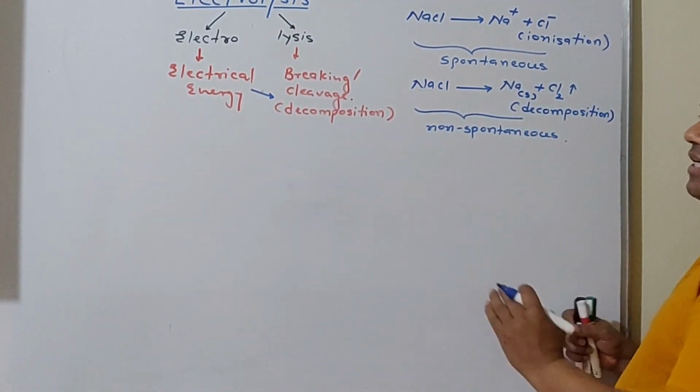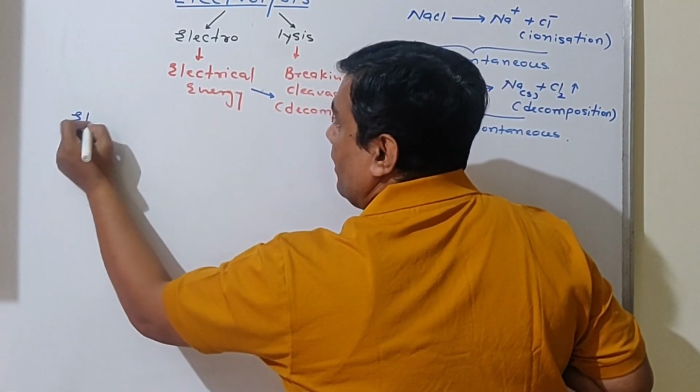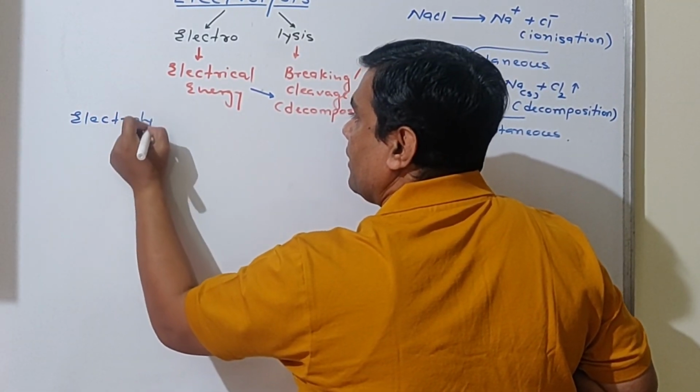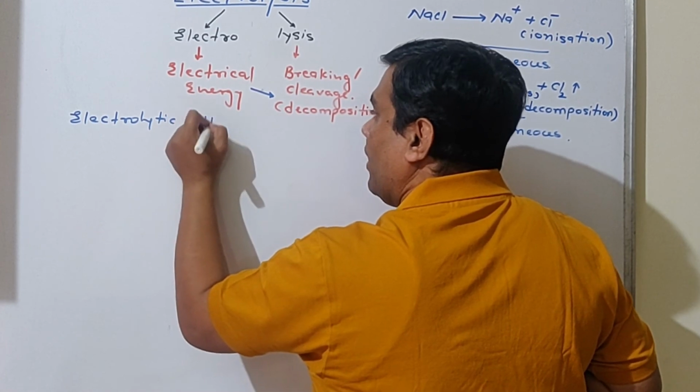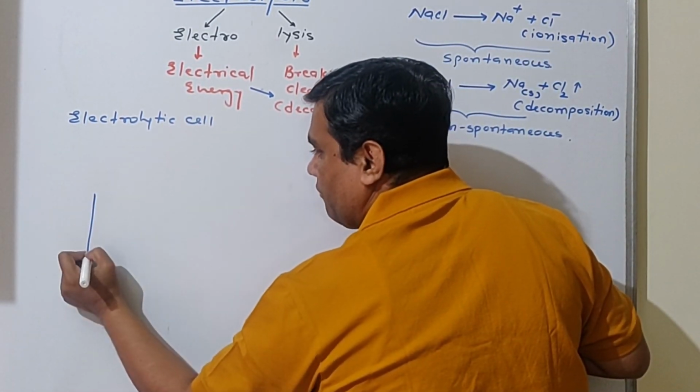The device, or the assembly, we use is nothing but an electrolytic cell. Now, what is this electrolytic cell? This electrolytic cell comprises a vessel.